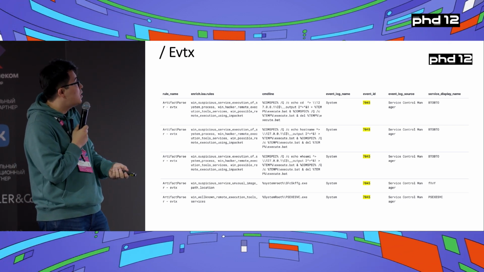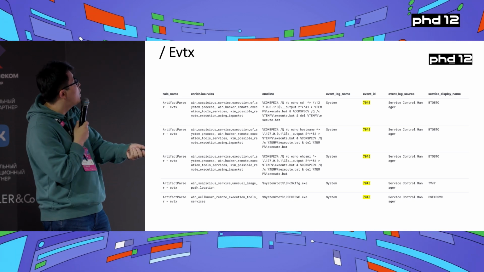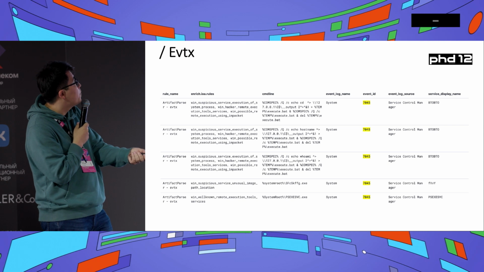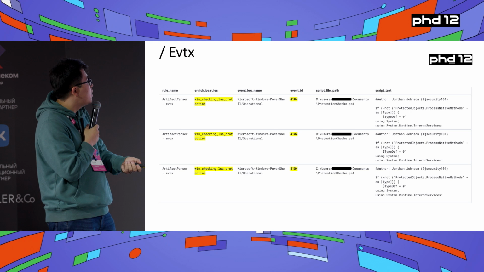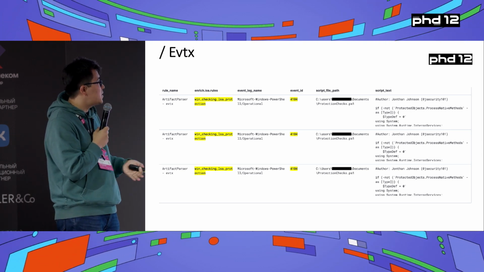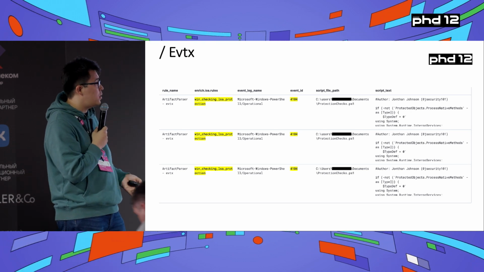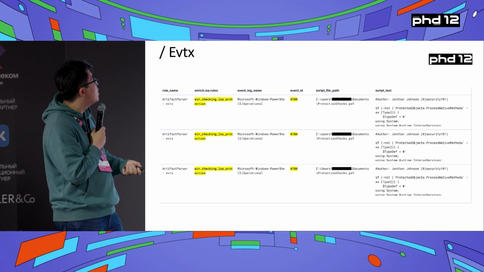So these are malicious services. Nothing special. And we get a script from the log, and also the correlation rule was applied to that.